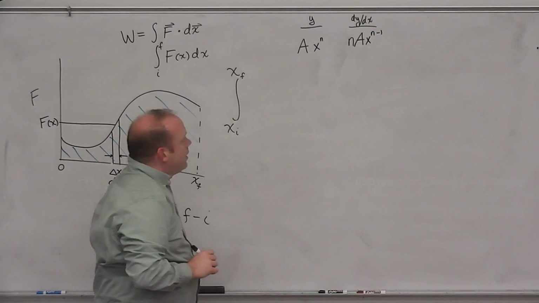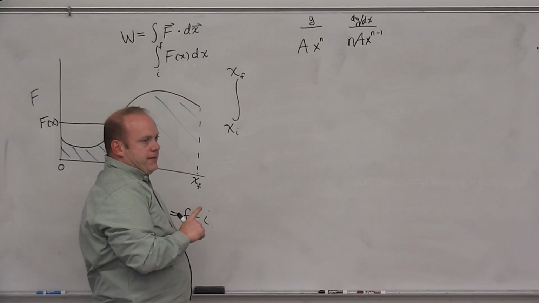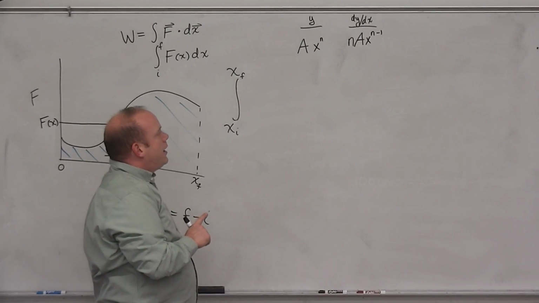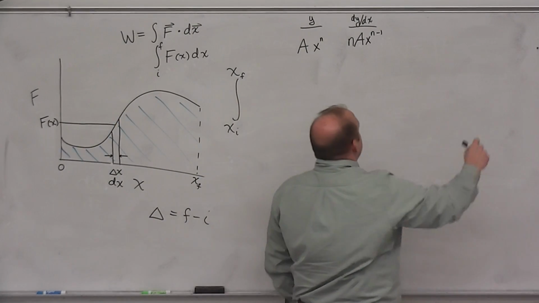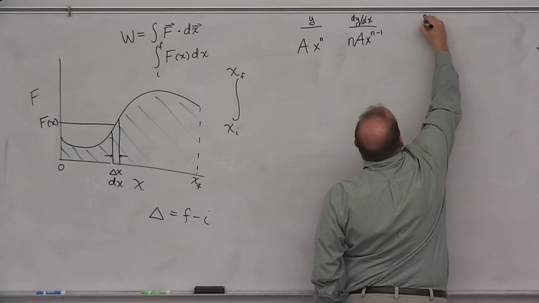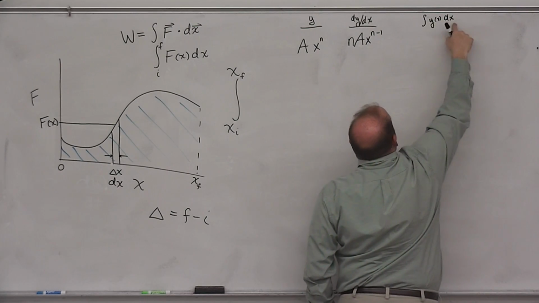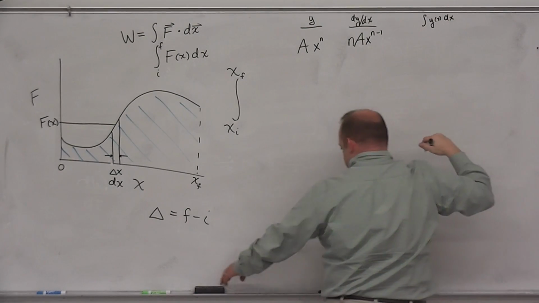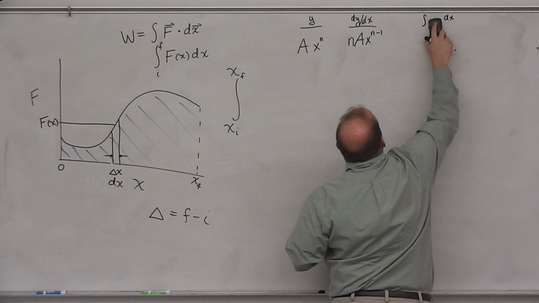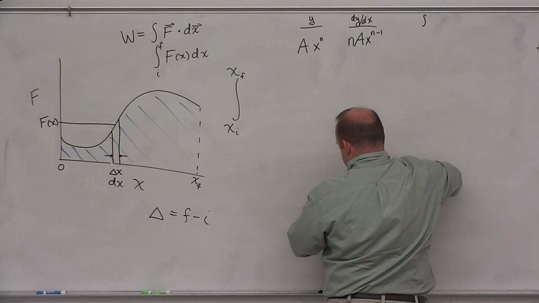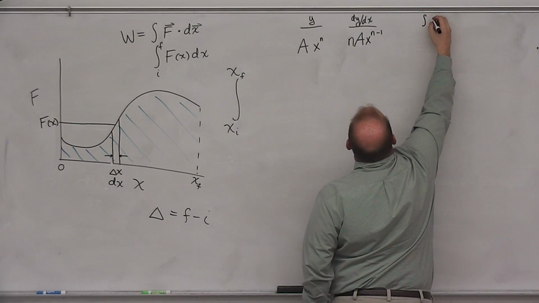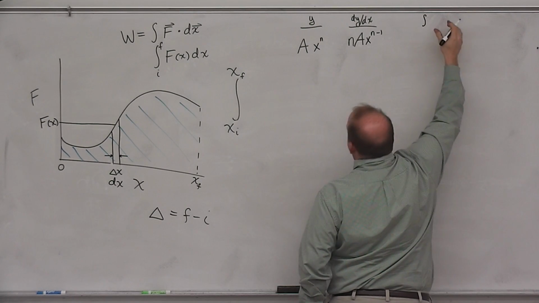So now we want to reverse that for an integral. Integral y, which is a function of x. Now it always has to have a dx. You always have to have the width.